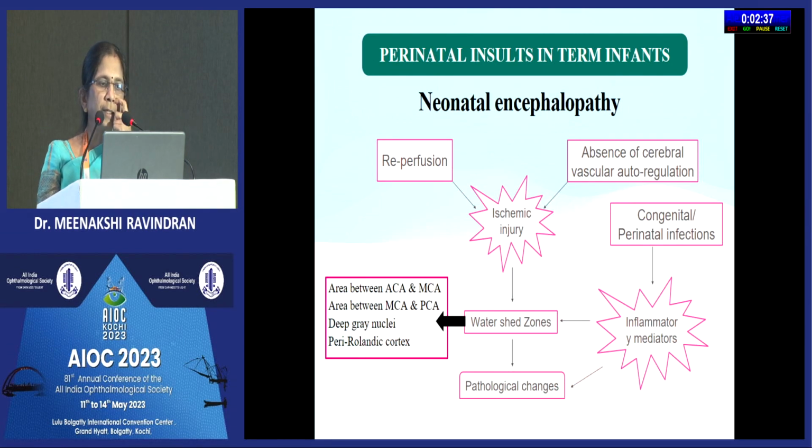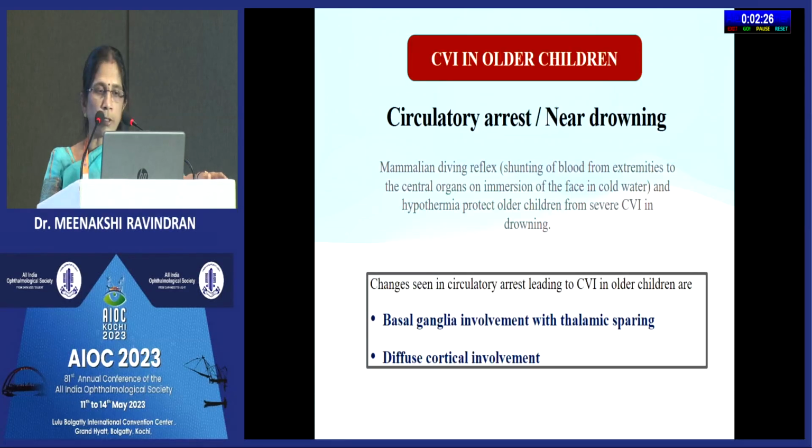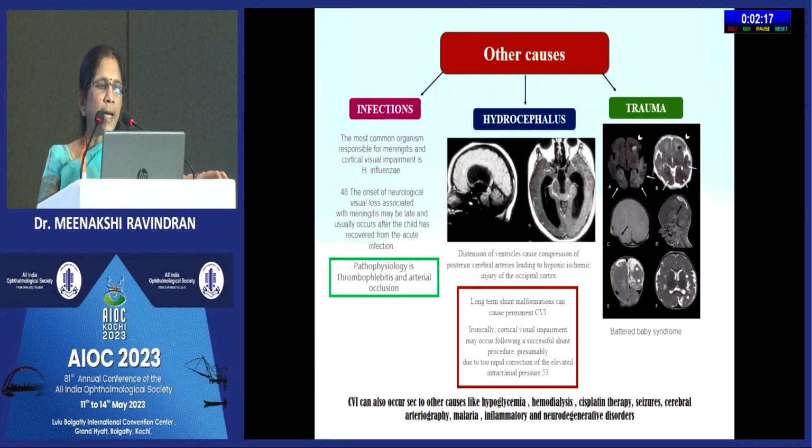In term infants, once again the cerebral autoregulation is affected, or it can be perinatal infections, like meningitis, that can cause the problem. In the older children, it is either circulatory arrest, where the basal ganglia can also be involved. Previously they used to have meningitis as a very common cause for CVI, and H influenza was the most common cause.